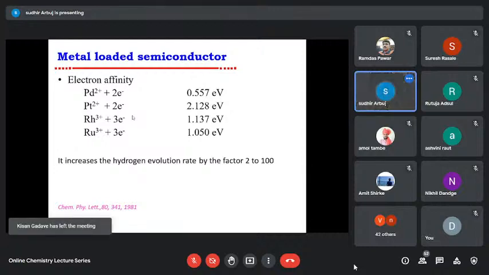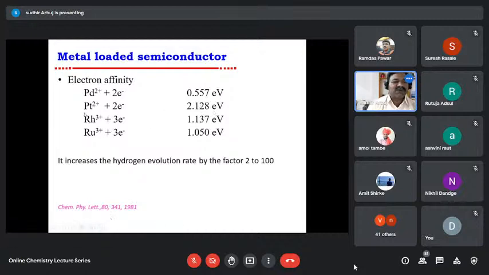Platinum, palladium and rhodium then attract the electron immediately, depending upon their electron affinity, for further reaction. Platinum has a high electron affinity of 2.12 electron volt, so platinum loading is more pronounced for enhancing photocatalytic activity. It increases the hydrogen evolution rate by a factor of 2 to 100.